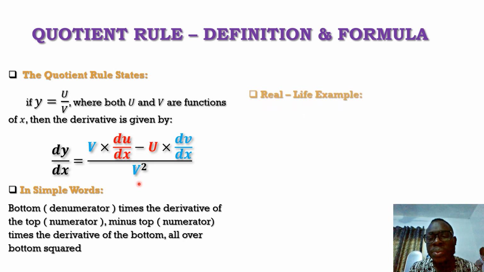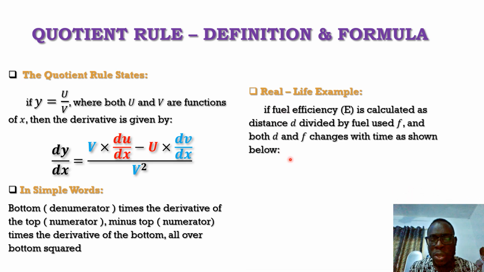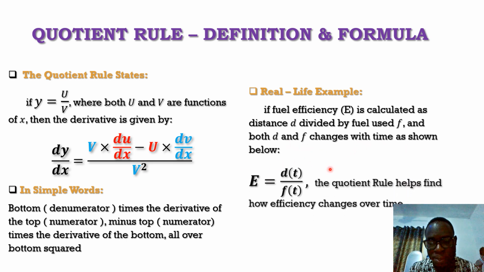Here is a real life example. If fuel efficiency E is calculated as distance D divided by fuel used F, and both D and F change with respect to time, then we have E equal to D(t) over F(t).